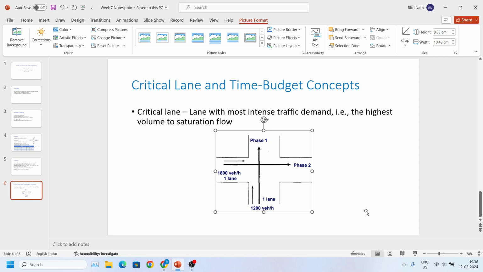And if it turns out to be negative, as was shown in the class, then no cycle length can accommodate that flow at that location. In that case, you have to go for multiple lanes. By increasing the number of lanes in both these directions, you have to then check whether you can come up with a cycle length that will satisfy the critical lane flows that you need to accommodate at that location.